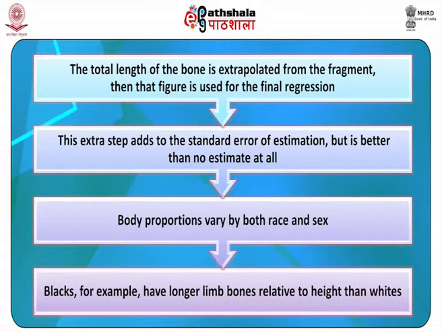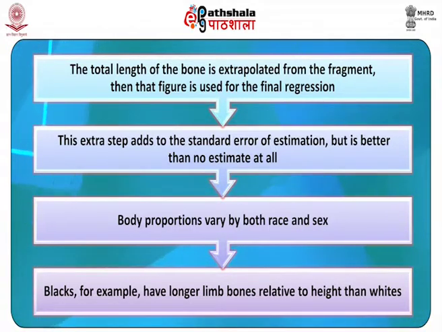Because skeletal biologists and forensic anthropologists are often confronted with damaged bones, formulae have been devised to estimate the stature from fragmentary remains. First, the total length of the bone is extrapolated from the fragment. Then that figure is used for the final regression.